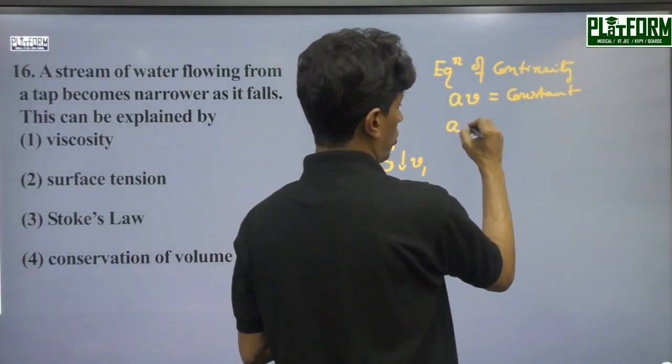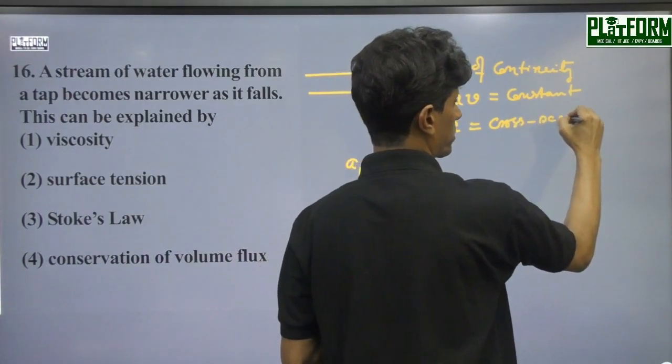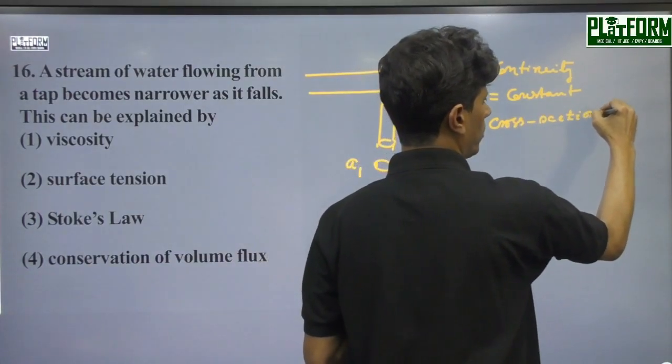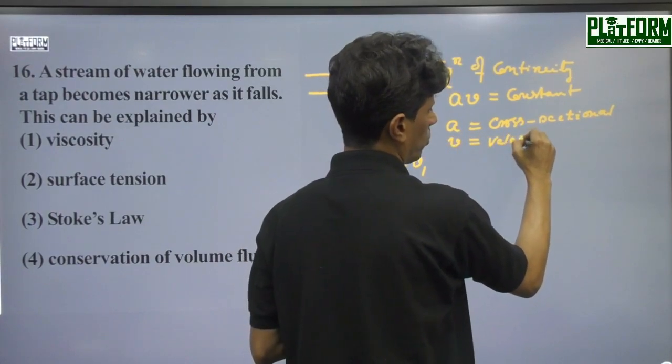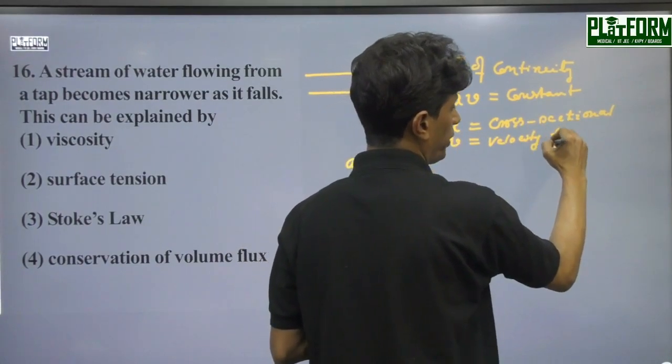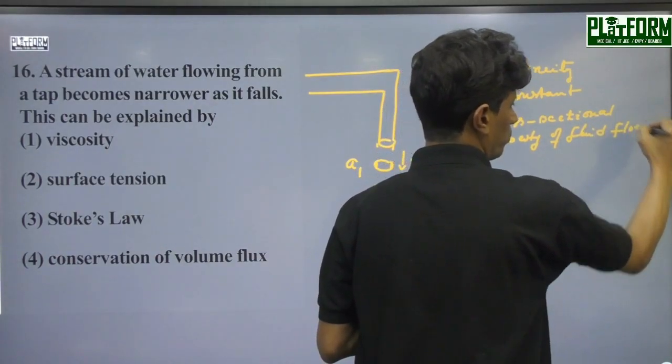Here A is the cross-sectional area and V is the velocity of fluid flow.